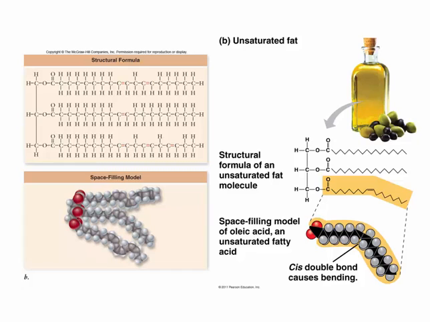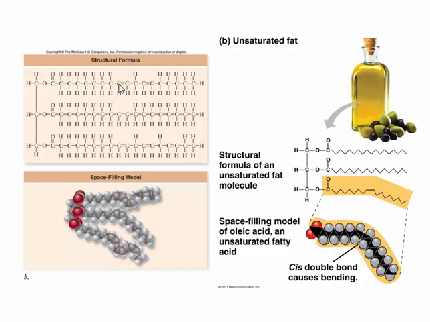Vegetable oil, on the other hand, is not solid at room temperature. It is made out of fats that have these double bonded carbons, and therefore unsaturated fatty acid chains here. They're unsaturated because if you look, say right here, you could in theory add more hydrogens, but instead there's a double bond.